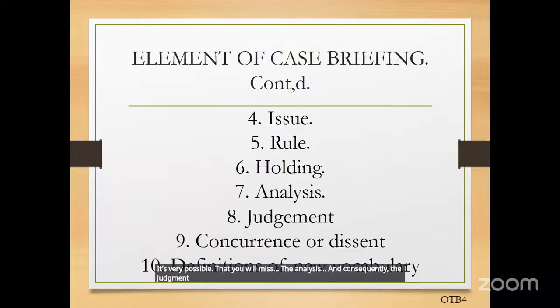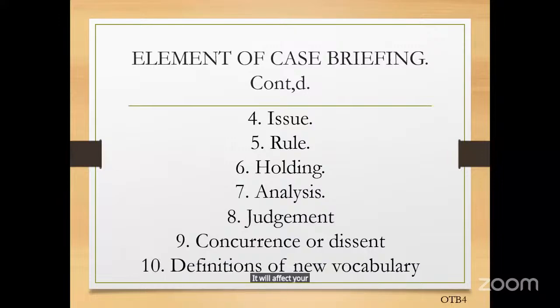Of course, once you miss the rule, it will affect your reasoning as to how the court arrived at the judgment and what facts or what issue the court also considered in doing all of that. So element number 5 is very key.